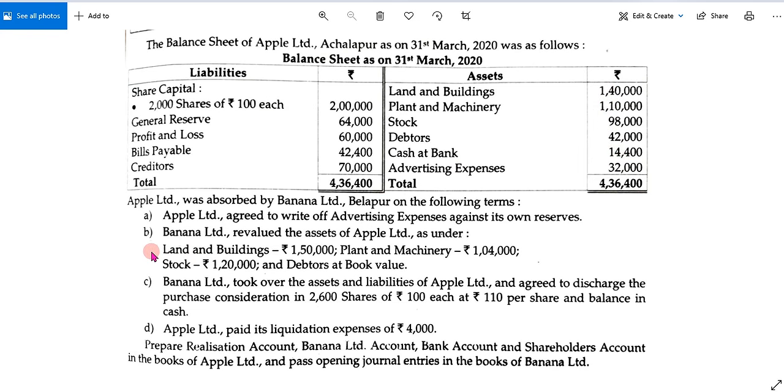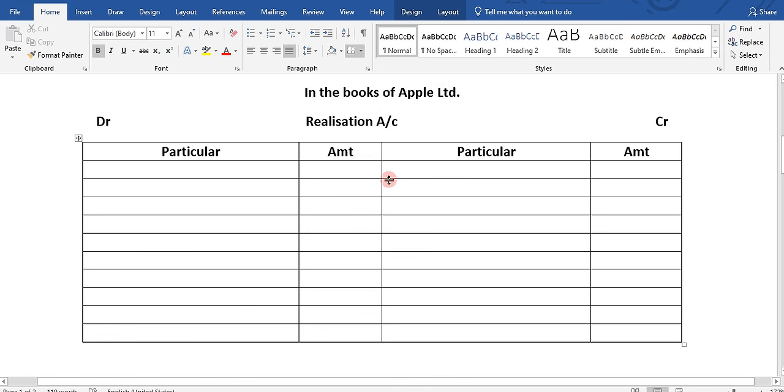In point B, whatever assets are there, like land and building, plant and machinery, stock, debtors, these assets are revalued by whom? By Banana Limited, that is the purchasing company. But we are preparing the accounts in the books of Apple Limited, that is the selling company. So whatever assets are at book value, you will note down on the debit side of the realization account.